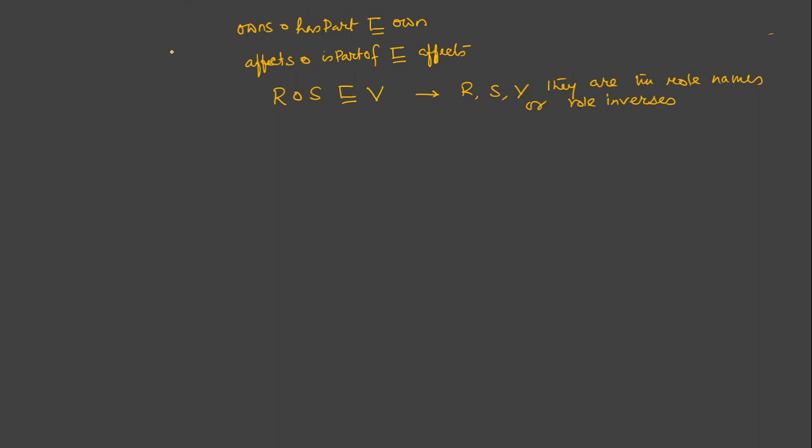So we can have something like this: has part then affected by will imply affected by. The renal system has part kidney. Kidney is affected by a disease, then the renal system is affected by the disease. So these are kind of inverses of these two. The point that I'm trying to make is that R, S and V can either be role names or they can be inverses, right?